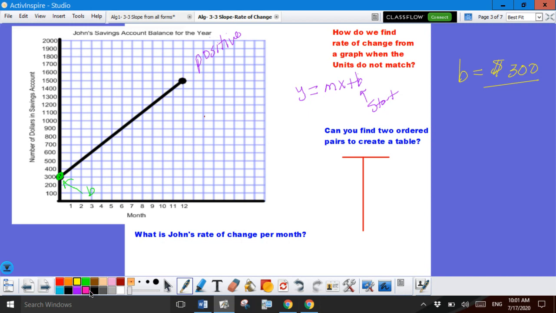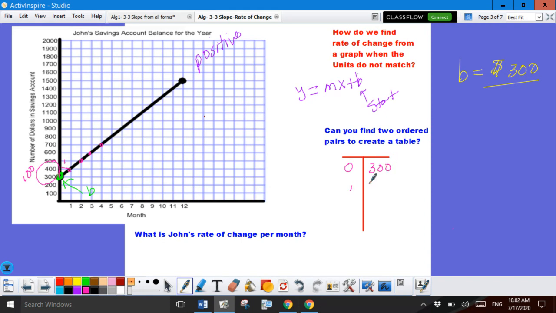Now, what does it look like that's happening? If I take a look at the graph, it looks like these are exact points. So it looks like I'm going up by 100. Pay attention to your scale. And I'm going over by 1. Okay? So if I take a look at what this first ordered pair is, I have 0, 300.